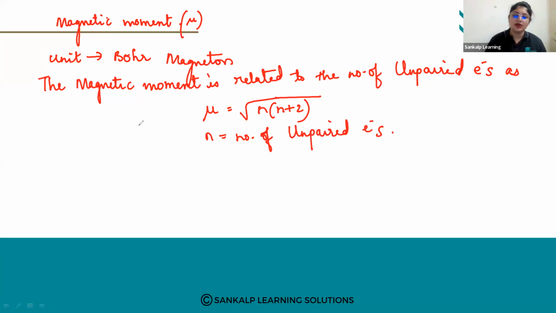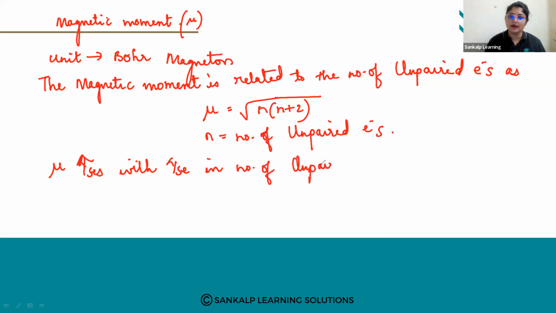So the magnetic moment increases with an increase in the number of unpaired electrons. Very important. In magnetic properties, this is very important. Questions are asked based on magnetic moment.